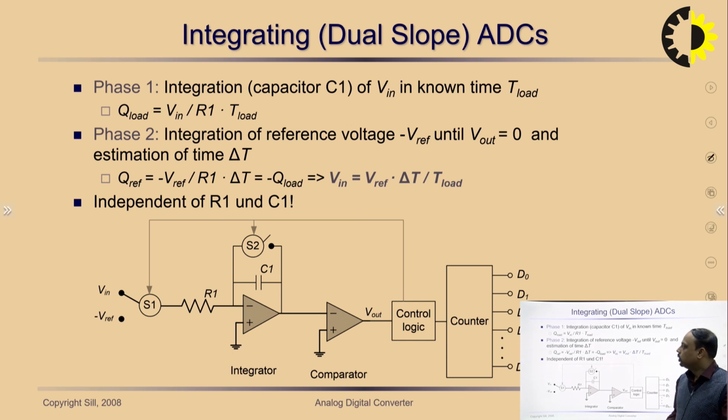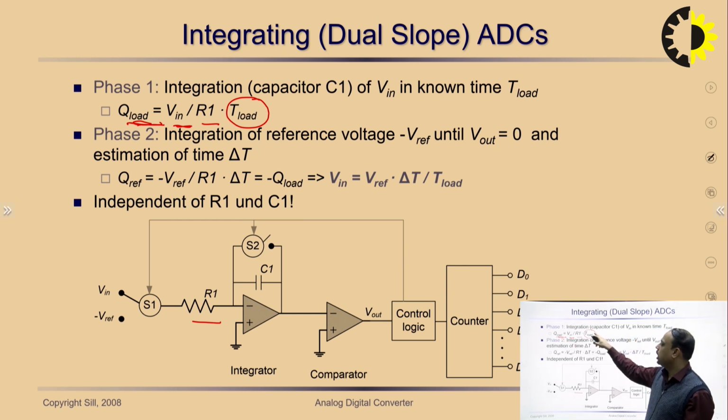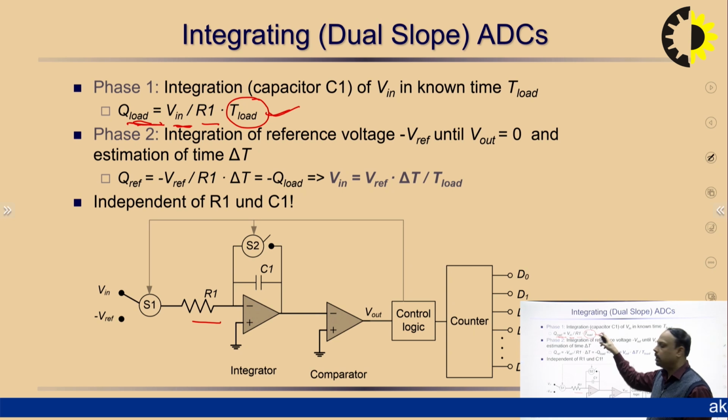So the output voltage generated at the output terminal of the integrator is equal to the input voltage divided by R1, multiplied by the time taken to generate this amount of voltage at the output terminal. So this time is variable. Anyone can take any time, like 10 seconds or 15 seconds for the integration.